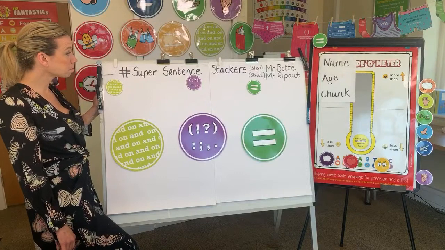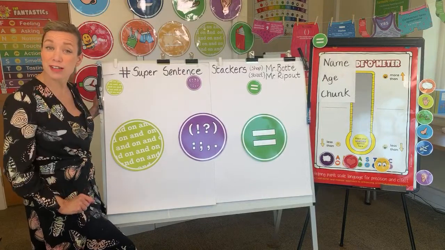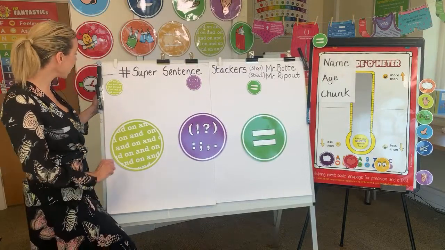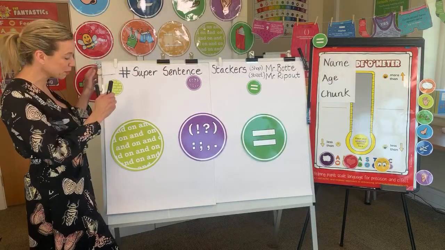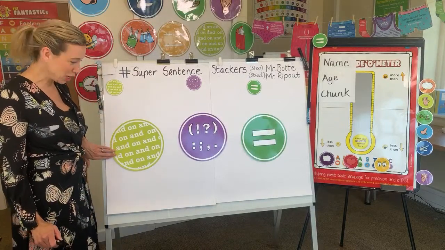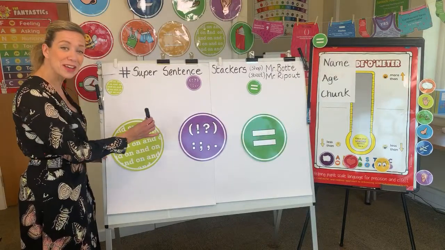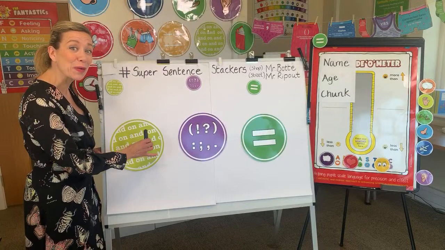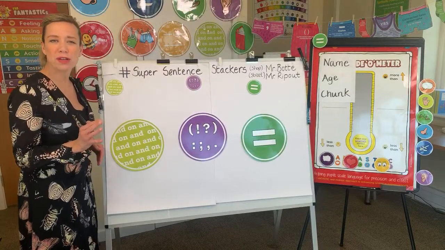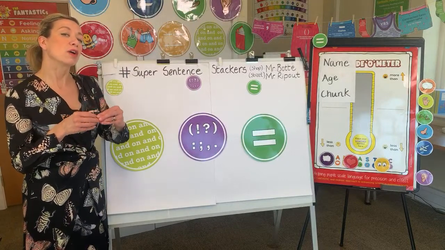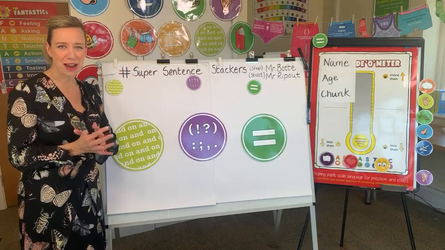Now, I'm going to tell you the 3 writing challenges. Our first writing challenge, can you see here? This has the words and on and on and on. We are going to do a skill called repetition for effect.